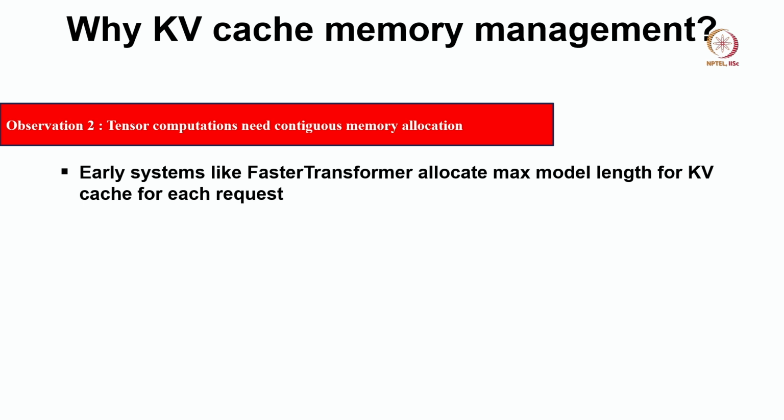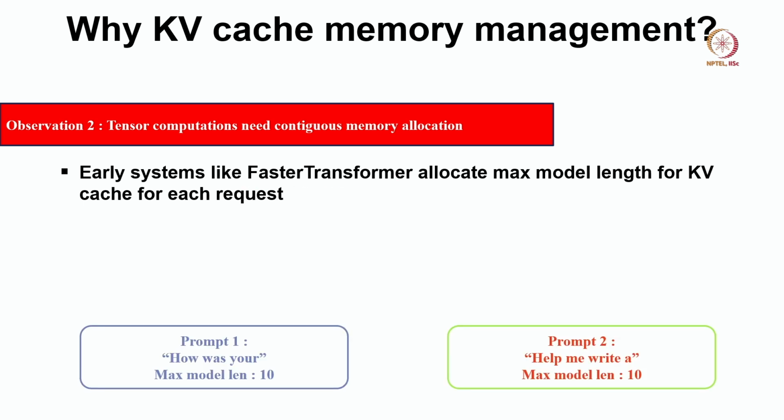So earlier systems like FasterTransformer allocate the maximum model length of KV cache for each request. Let's say in the previous example, we saw that each request will take a maximum of 2 GB of KV cache. This type of technique will just pre-allocate that much memory.